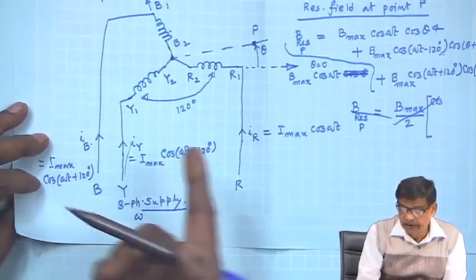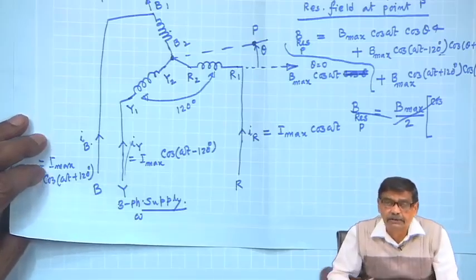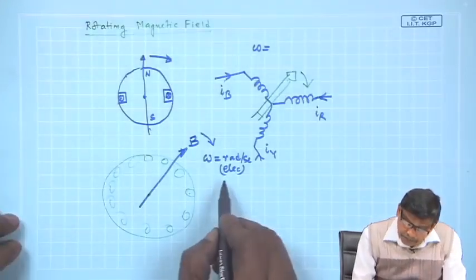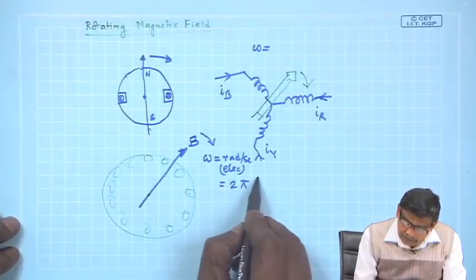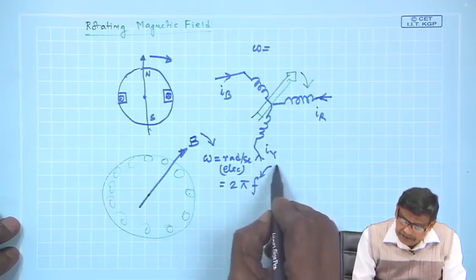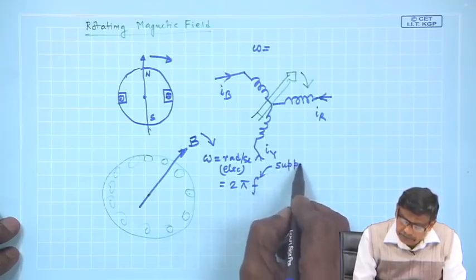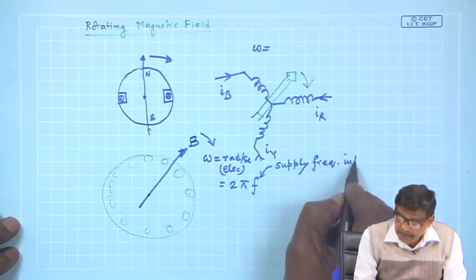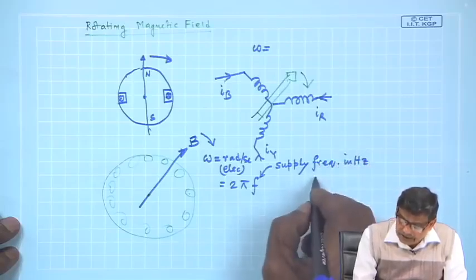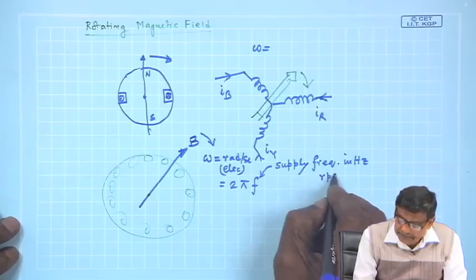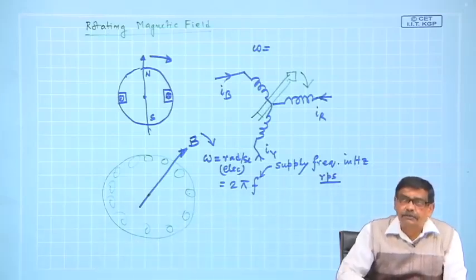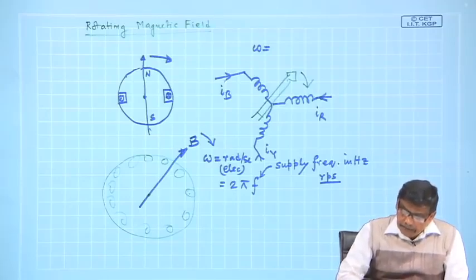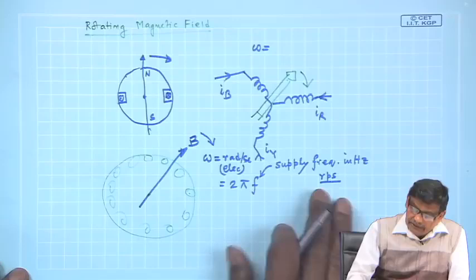That is why the currents were cos omega t, cos omega t minus 120, etc. Therefore, omega is equal to 2 pi f, where f is the supply frequency in hertz. Hertz means what? In RPS. Hertz and RPS are one and the same thing, rotations per second. Okay, so this is in RPS.